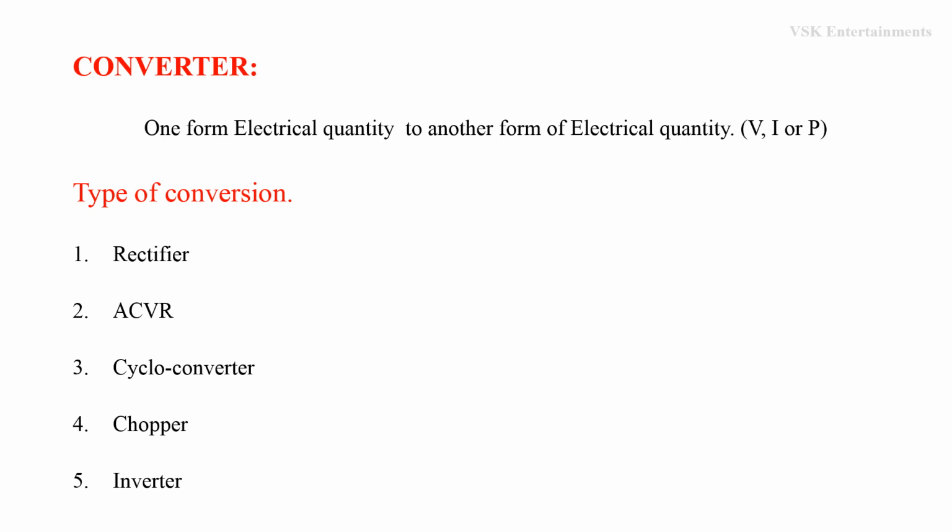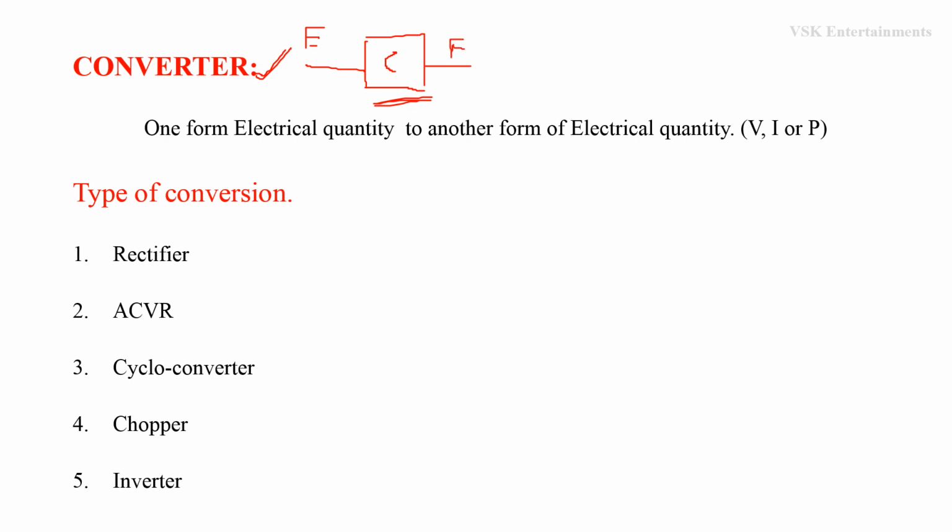Up to now we discussed what is power electronics and what is the use of the power electronics subject in the BTech course. Now we are going to concentrate on converters. What is a converter? What are the different types of converters? Here a converter is a circuit which converts one form of electrical quantity to another form of electrical quantity.